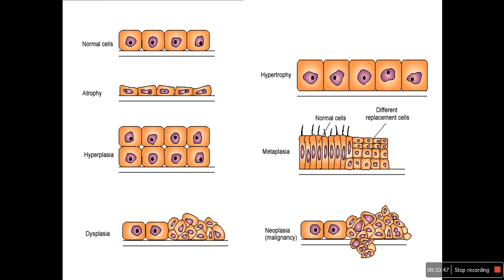By smoking, a change or metaplasia occurs. So the ciliated columnar cells become columnar, for example, not ciliated.